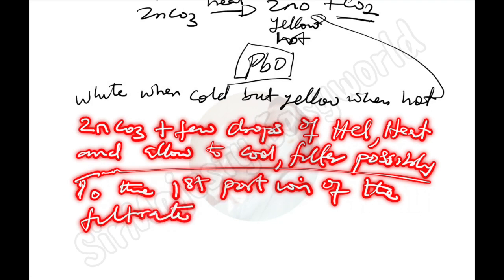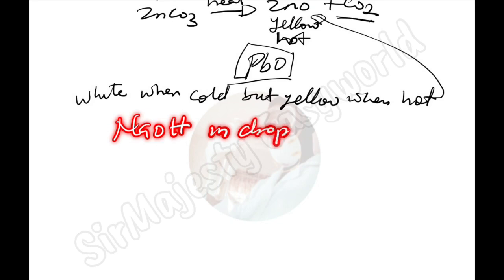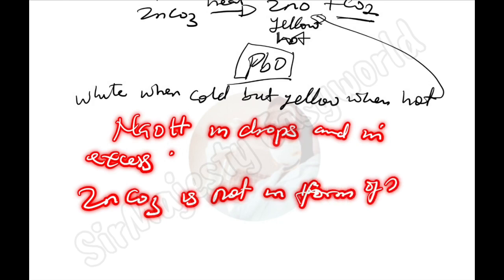Add sodium hydroxide in drops and in excess. Okay, let me use a normal pen, but I'll still make a table. This time around, they are testing for the zinc-2 ion, because zinc in zinc carbonate is not in the form of the zinc-2 ion.